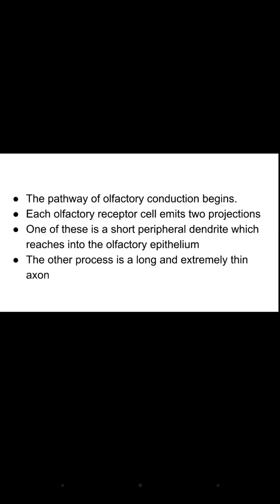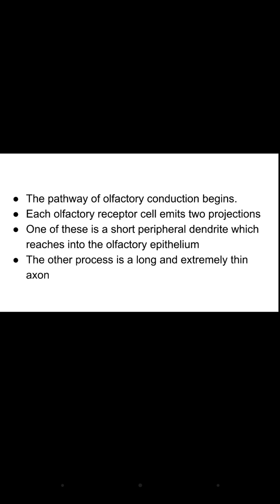So the certain substances which have certain smells will get dissolved and then they will come in contact with the olfactory hairs. So what are olfactory hairs? These are the attached cilia, hair-like projections, which are attached to the olfactory receptors. So they will come in contact, then the pathway begins. As you all know, olfactory receptor has two projections.